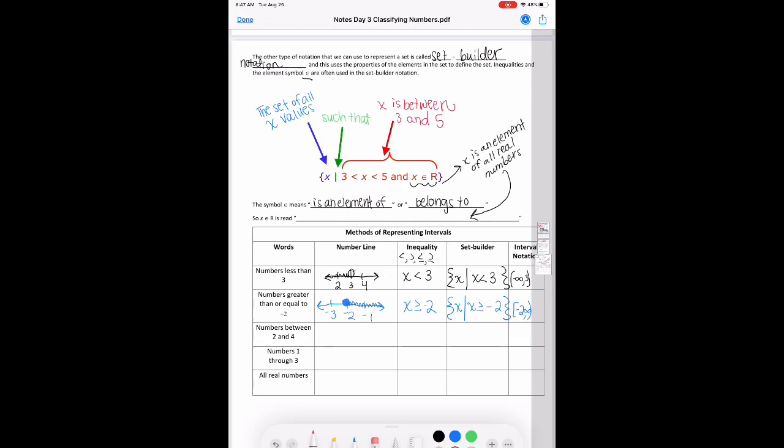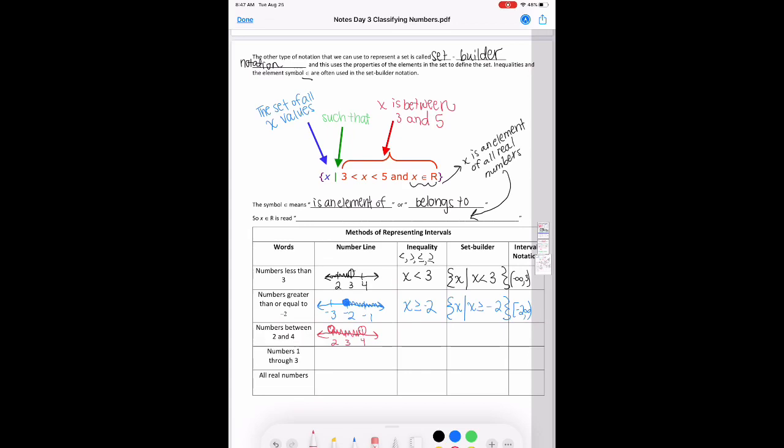All right, now we have numbers between 2 and 4. Remember, between means we're not including those outer numbers. On the number line, I put 2 and 4. My third number, I'll just put 3. It really doesn't matter. I'm going to put open dots on 2 and 4 since it was between, not including, and shade in between.